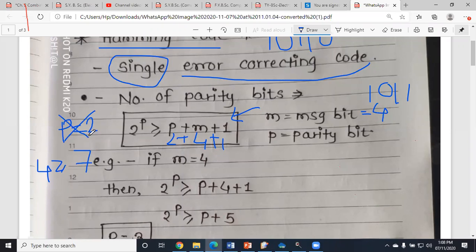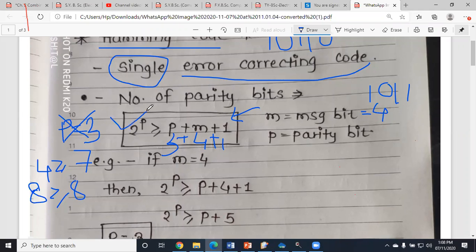If I consider p equal to 3, what is 2 raised to 3? 8. Now see, 8 is greater than or equal to, here I have 3 plus 4, 7, plus 1, 8. I get 8 here, right? 8 is equal to 8. I am satisfying one of the conditions.